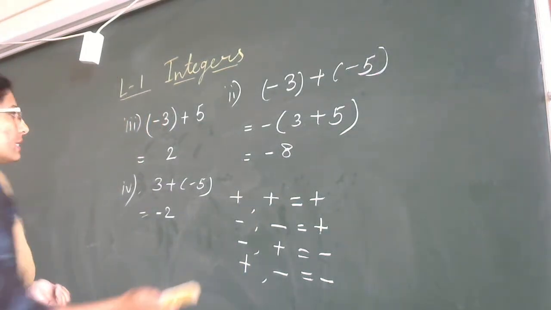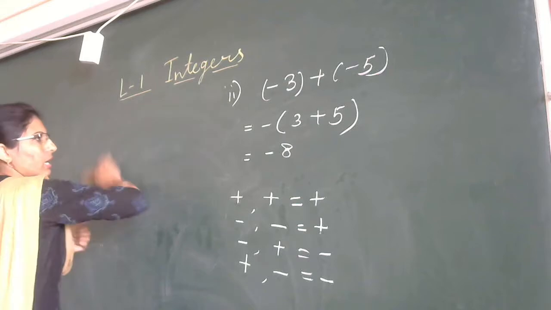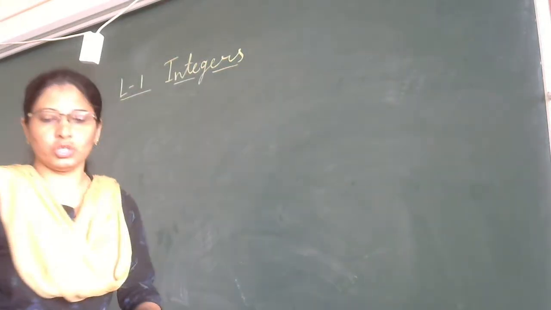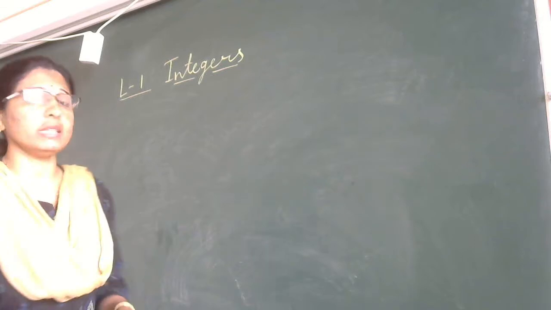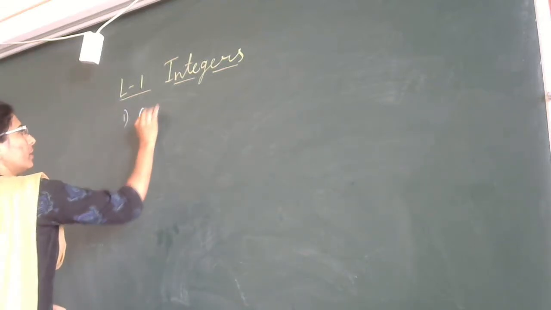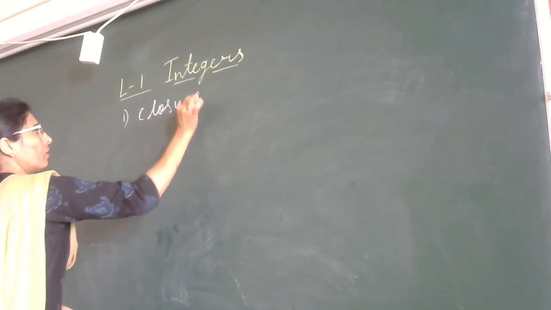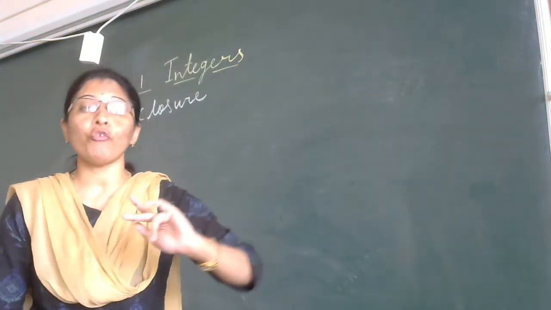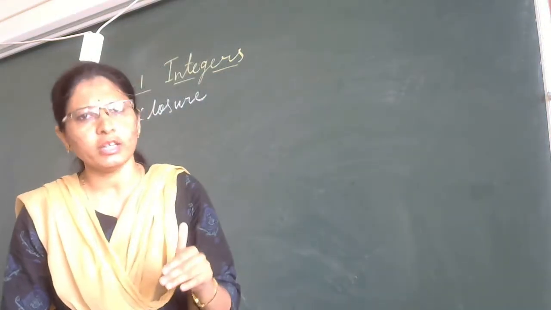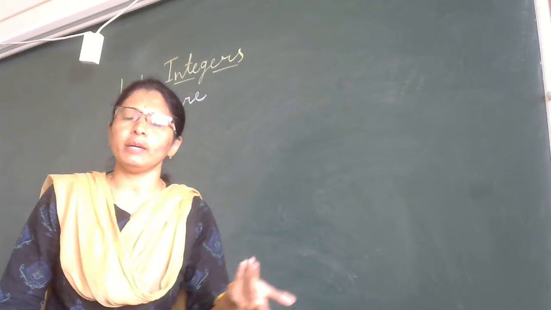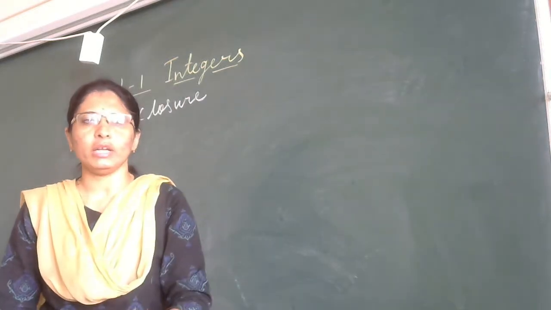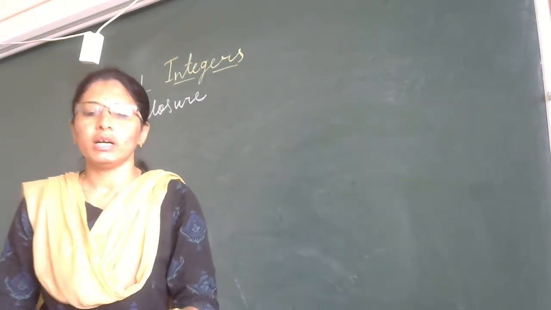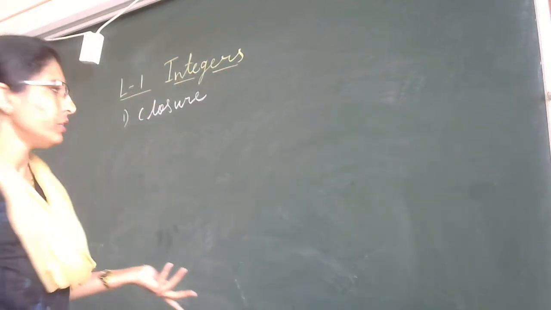Okay, so there are some properties. We see some properties of adding integers. First is the closure property. Closure property means the sum of any two integers is an integer only, whether positive or negative integers. If you add any two integers, we get the result as an integer only.